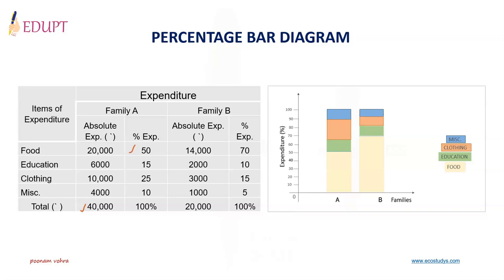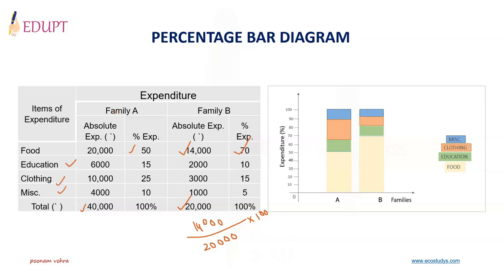It is 20,000 divided by 40,000 into 100. So far as family B is concerned, 14,000 is spent out of 20,000, which is 14,000 divided by 20,000 into 100. That is 70%.